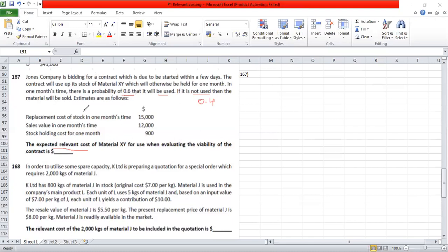Next, the replacement cost of stock in 1 month's time is 15,000. Sale value in 1 month's time is 12,000. Replacement is 15, sale value is 12.